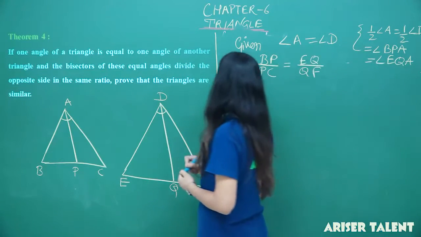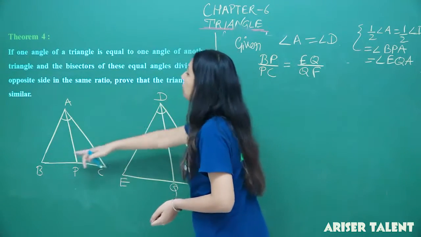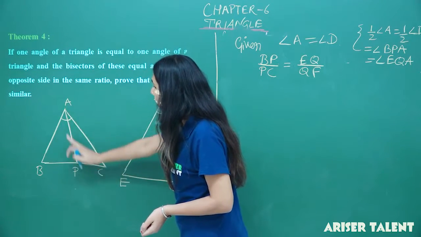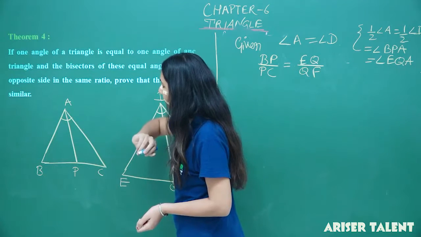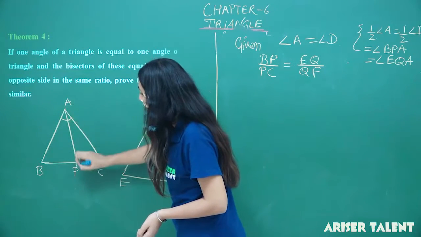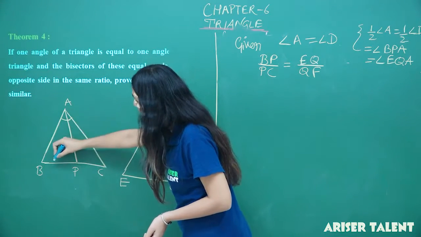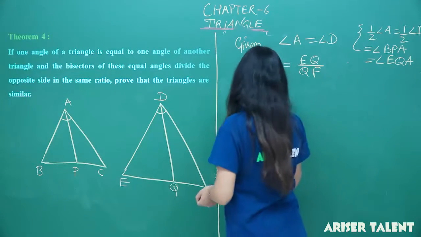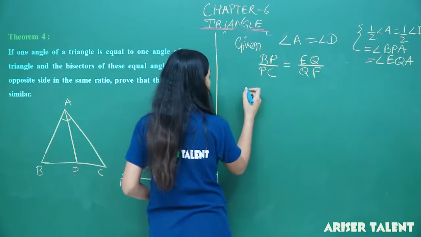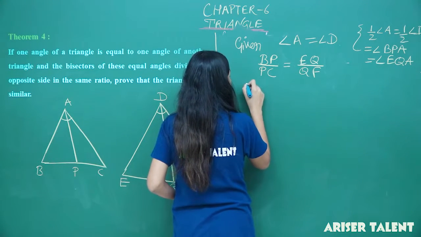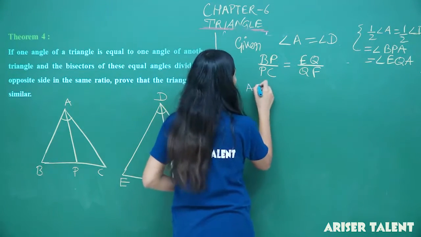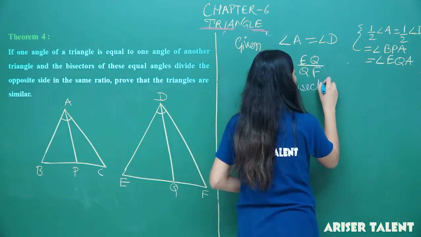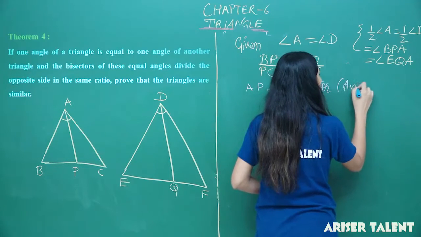Okay students, now we have given that AP is the angle bisector of angle A, dividing the side into PB and PC. So, what will we have from our previous theorem? AP is the angular bisector.